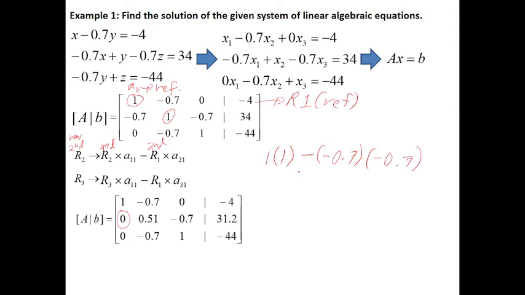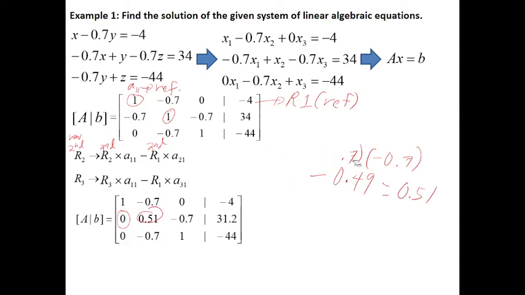Okay? So, 1 minus 0.49 ba? So, what is that? 0.51. Okay? So, nakuha yan, 0.51.